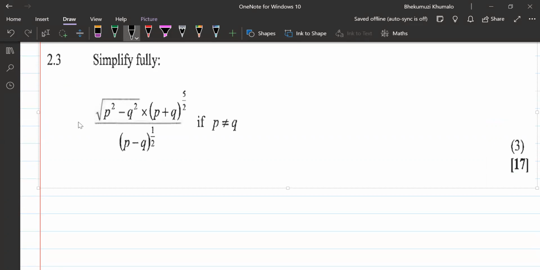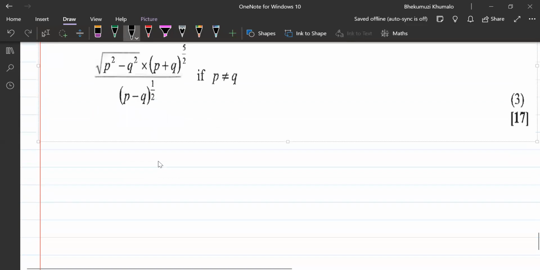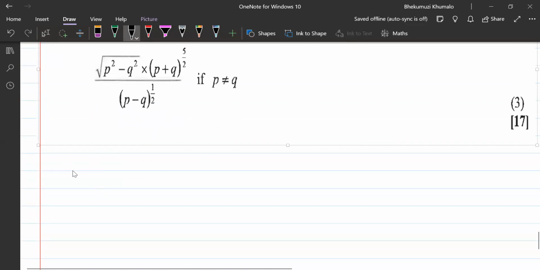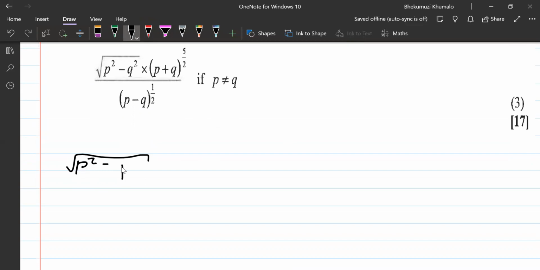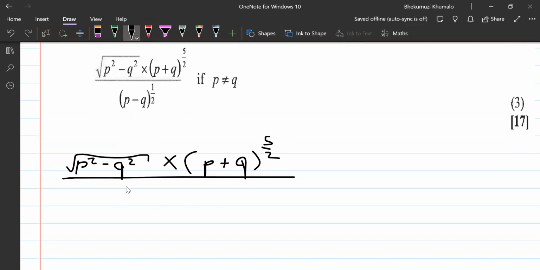Okay, so in this case, then it's 3 marks. We need to simplify fully, right? Now it looks very complicated, I must admit, because it actually says it's the square root of 2 p squared minus q squared, times p plus q to the power 5 over 2, all divided by p minus q to the power 1 over 2.